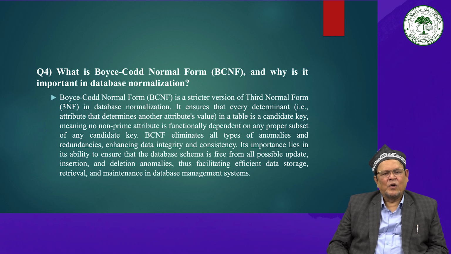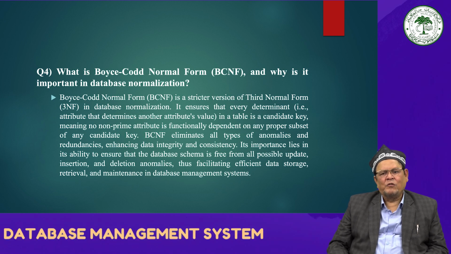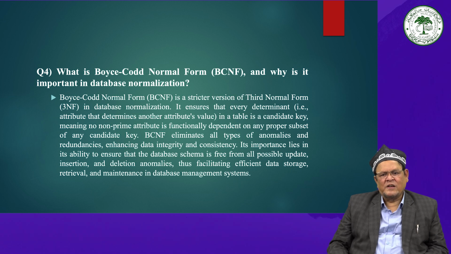The last question was: what is Boyce-Codd normal form and why is it important in database normalization? The answer is: Boyce-Codd normal form is an enhanced version of third normal form in database normalization. It ensures that every determinant in a table is a candidate key, meaning no non-prime attribute is functionally dependent on any proper subset of any candidate key.